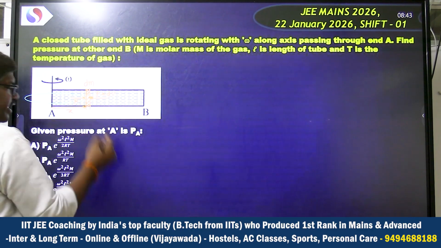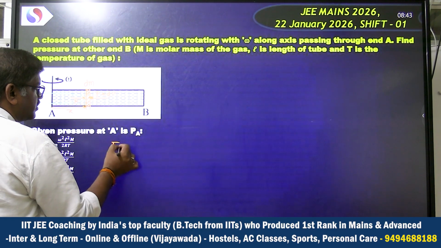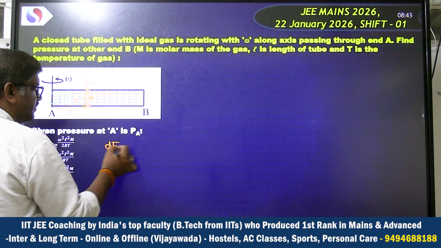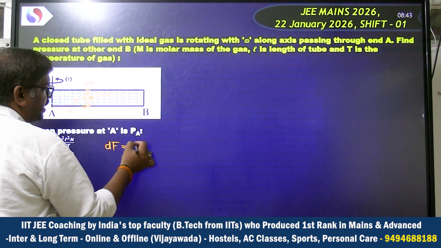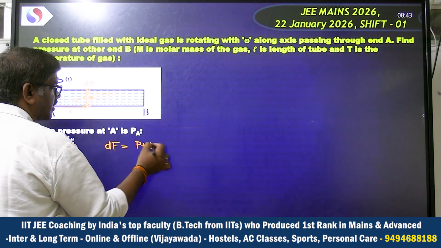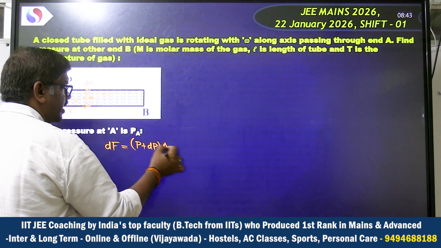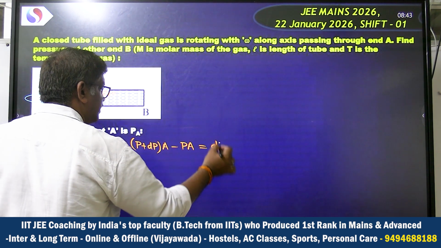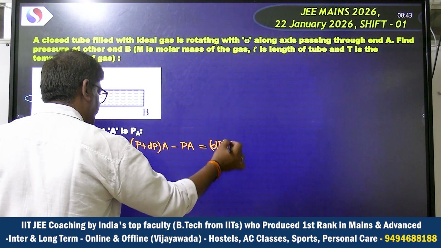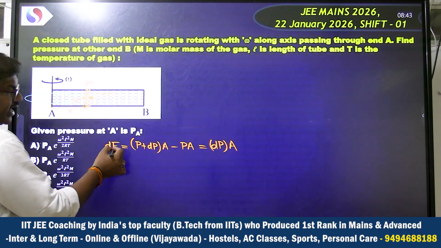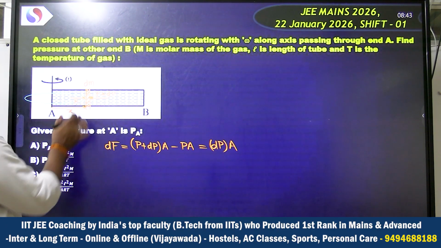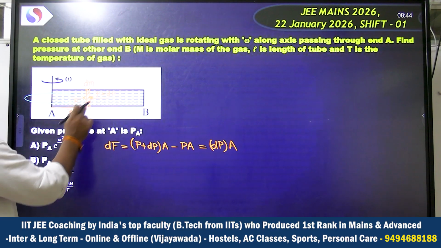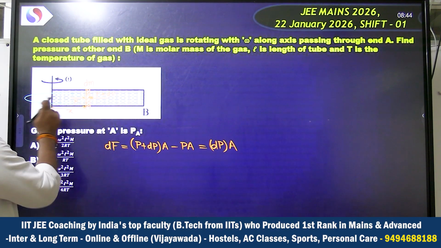So overall you get the force on this dm mass as dF, which is given by (P plus dP) into A area minus P into A, means it is given by dP into area. This is the net radial force which is making this dm element move in a circle of radius x.